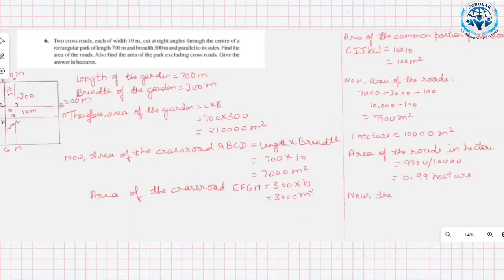Now the second part of the question, area of the park excluding the crossroads.